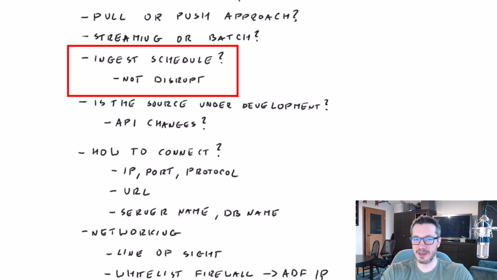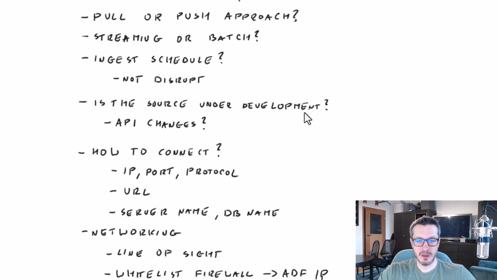For example, if they come to work at 8 AM and want to have this data ready, then we should schedule the ingest process and data processing maybe somewhere during the night. But in our case, it is fine to run it, let's say, every day at 6 AM.